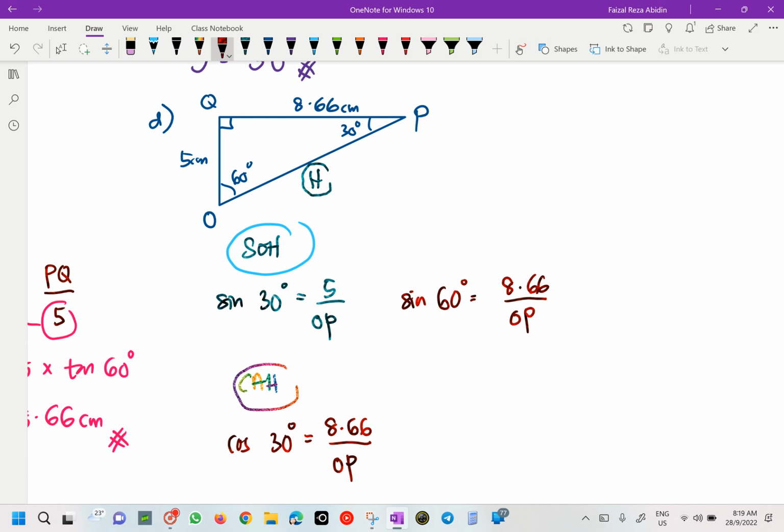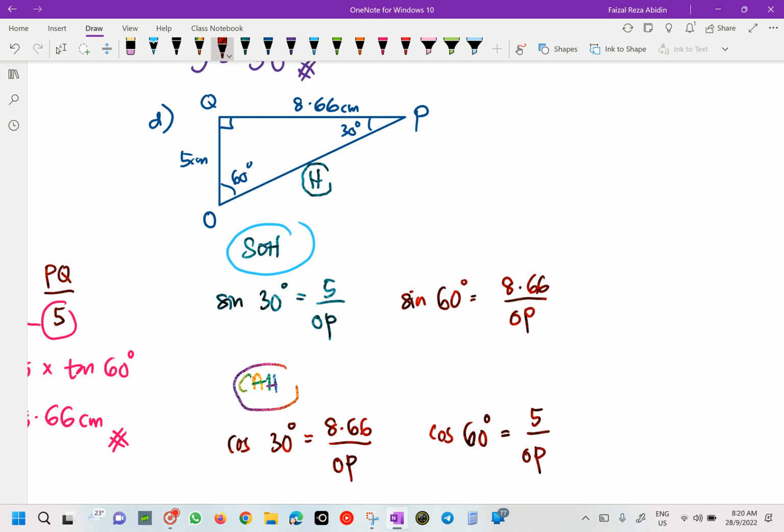Right? If you are using cos 60 degree, so you are going to get what? Cos 60, adjacent is going to be 5 over hypotenuse OP. Isn't it? Faham tak?